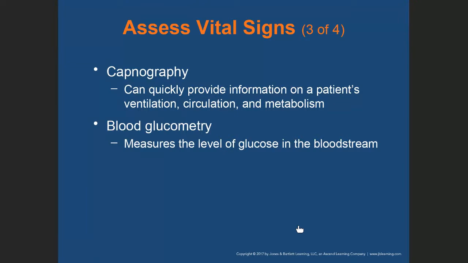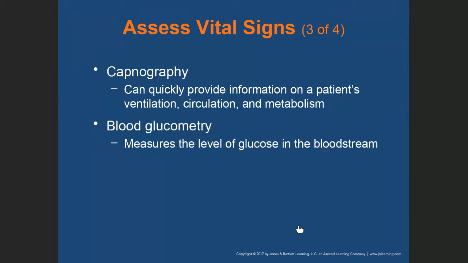If the capnography reading starts to go above 45 millimeters of mercury, your patient is breathing too slow. Once a patient is breathing too slow, the patient is at risk for respiratory acidosis, which can cause significant damage to brain cells.